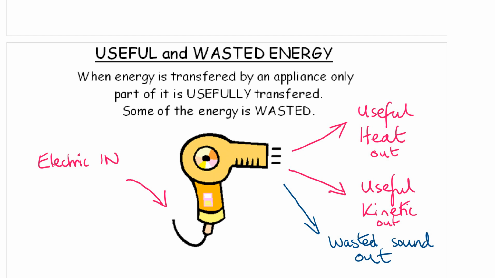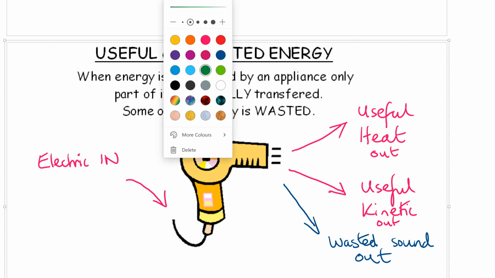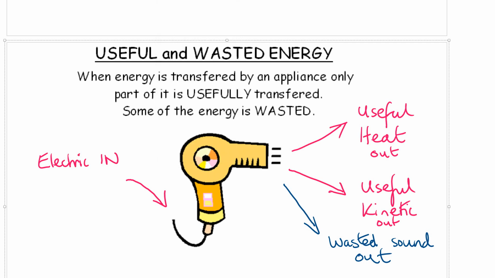Now, I'm going to give you some values now, and I want you to try and work out the other one. So the electric in, I'm just taking numbers out of the sky now. I'm going to say that 800 joules of energy goes into the hairdryer every single second.